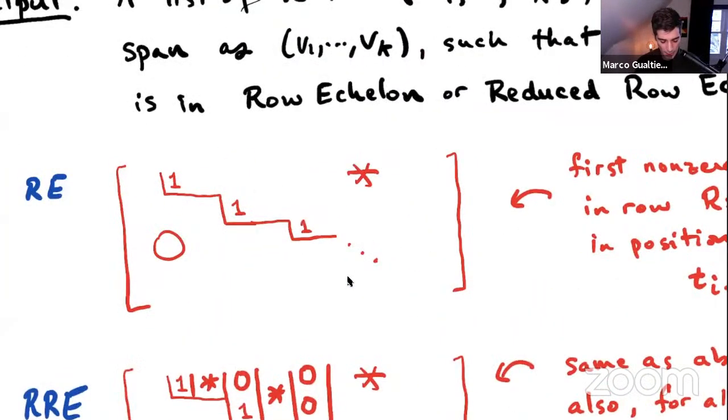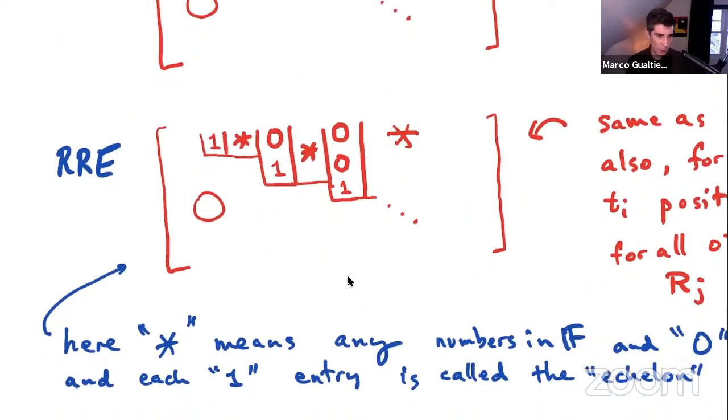I get an echelon here with zeros, and then an echelon in the second row, an echelon in the third row, and everything beneath is 0. Okay, so that involves a single switch, and then a single scaling, and then potentially a lot of shears to produce each echelon. Okay, so you can even count the number of operations that this will take.